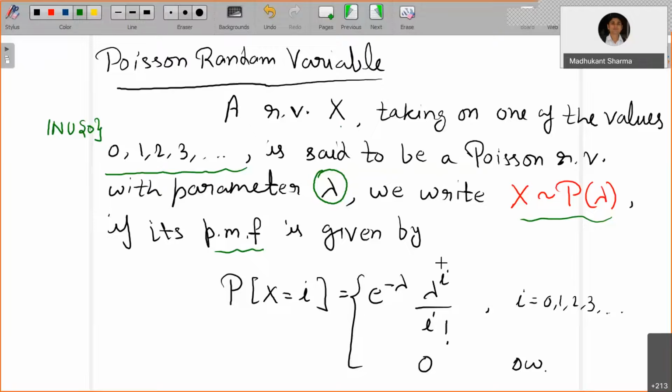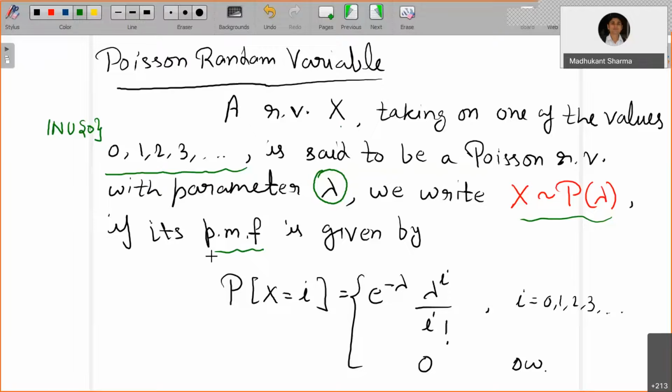Okay, so now we are going to look at how this is going to approximate a binomial random variable. Suddenly, picture e to the power minus lambda, lambda to the power i by i factorial.